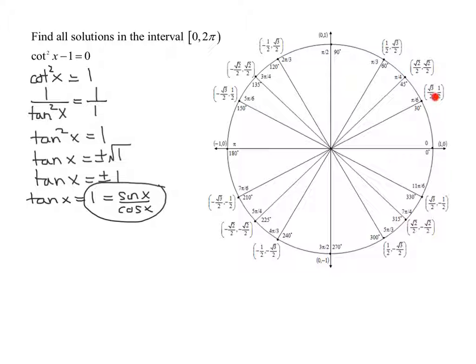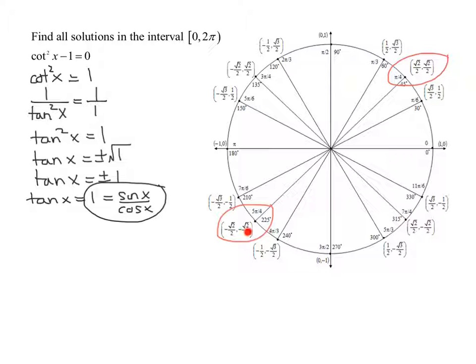So we need to look around on the unit circle and find points where the x and y values are equal. Well, that is going to happen in quadrant 1, right here, and in quadrant 3, right here. Notice here, the sine and the cosine are both equal to the positive square root of 2 over 2.